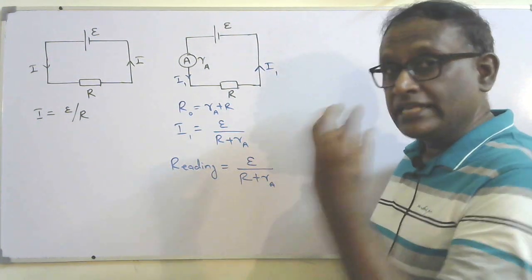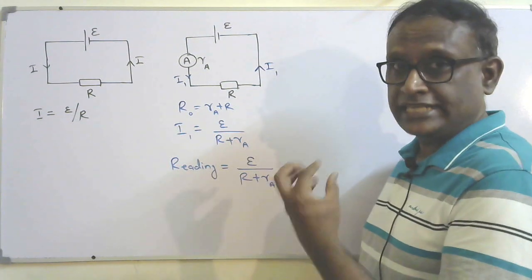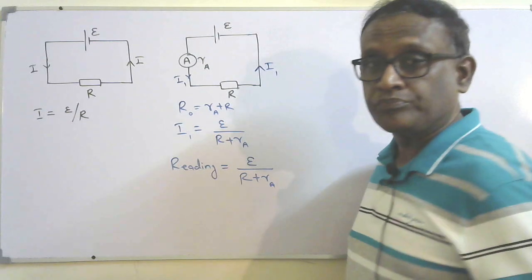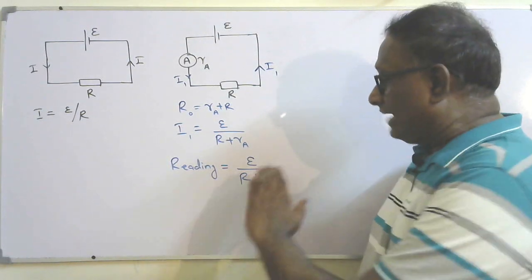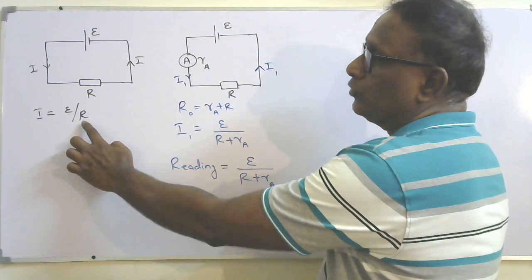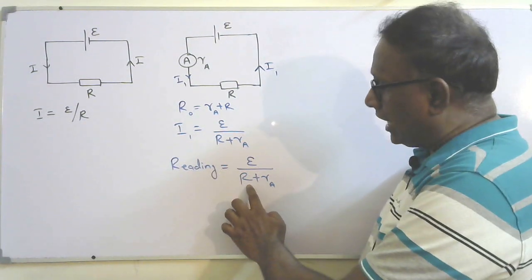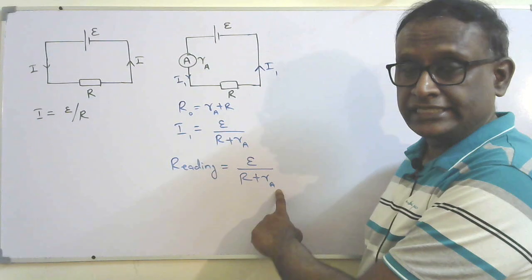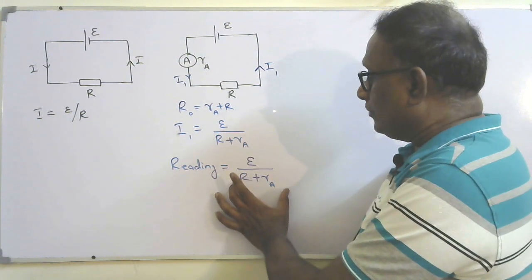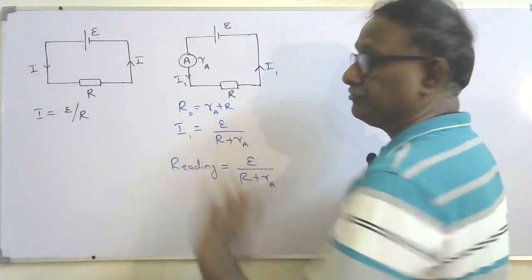That means an ideal ammeter has 0 resistance and will read the actual current. Otherwise, it will read a lower value. You can see here the denominator is R, and here it is R plus RA, due to the internal resistance of the ammeter. So the reading of the ammeter will be lower than the actual current flow.